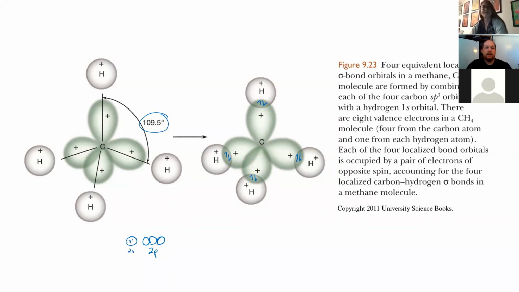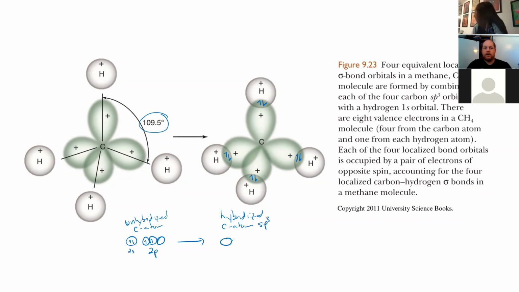Carbon has, if you see the unhybridized carbon atom, its valence shell is the 2s and the 2p orbitals. But if that carbon atom is hybridized, what you wind up with is going to be sp3 hybrid.